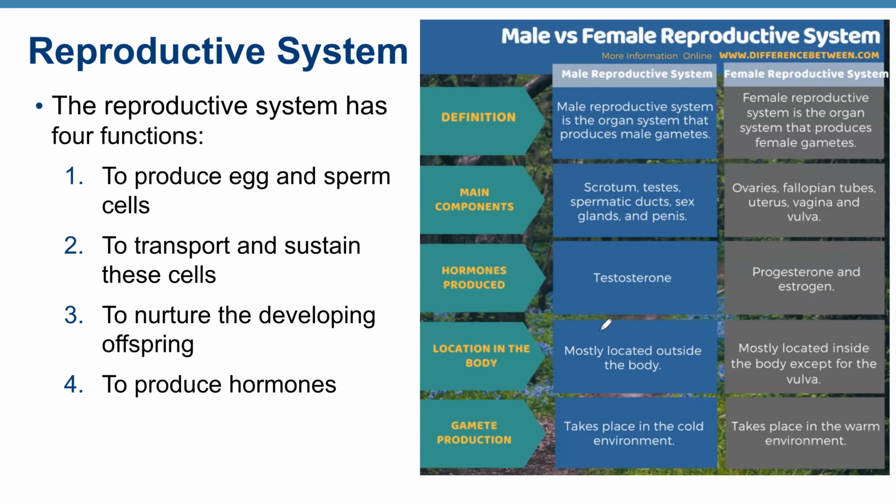Location in the body: male, mostly located outside the body; female, mostly located inside the body, except for the vulva. Gamete production for the male reproductive system takes place in a cold environment. Well, it's not really a cold environment.